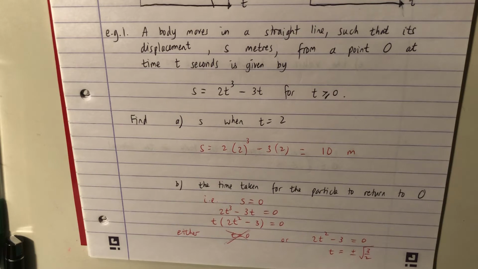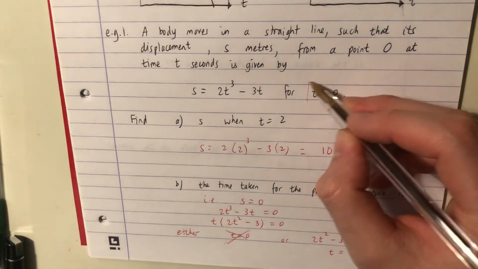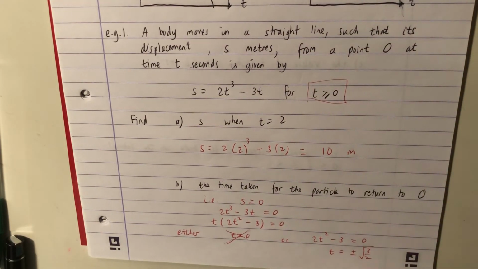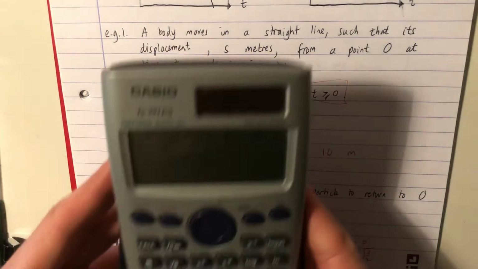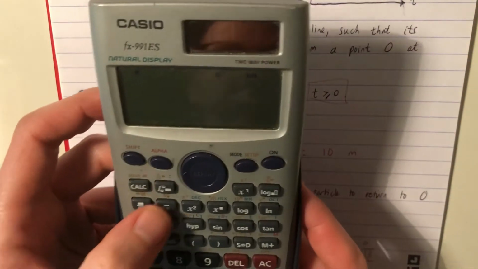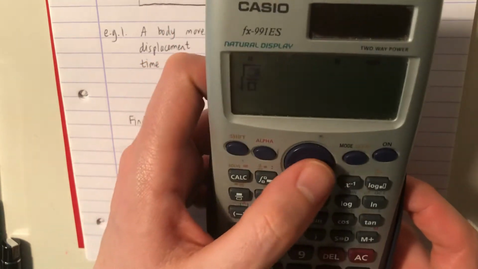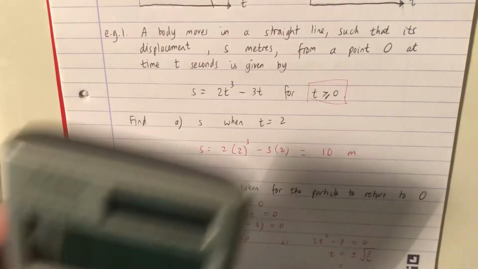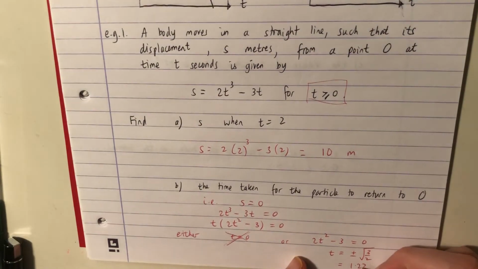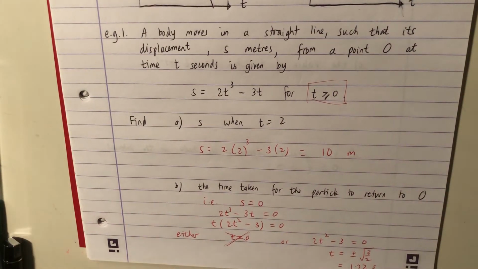And in the context of this question, we ignore the negative. You can't have a negative time, they even tell us there. So t would be equal to the positive version of this, and it's good to write this to 3SF in mechanics, so 1.22 seconds. And that would be it.